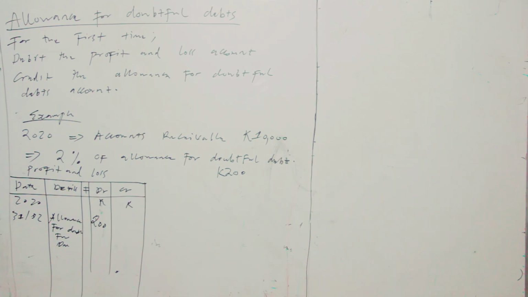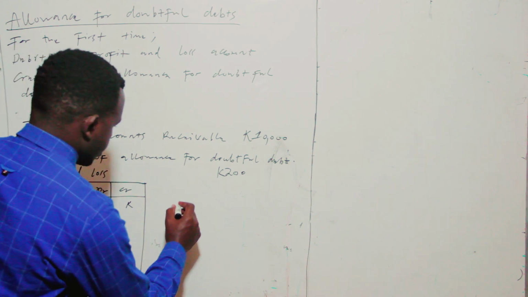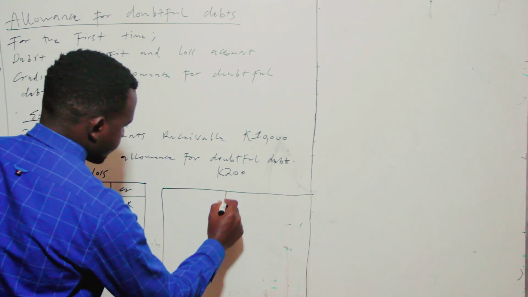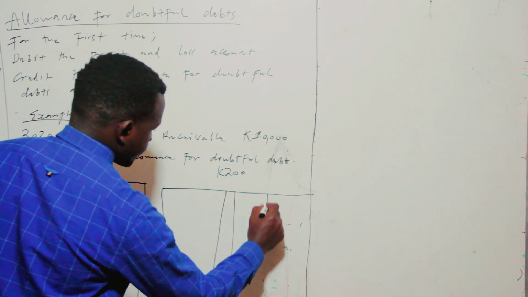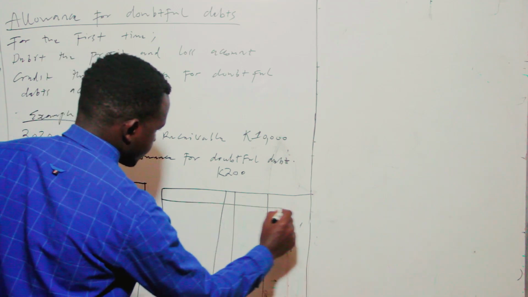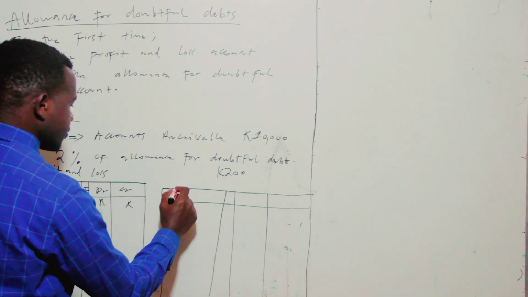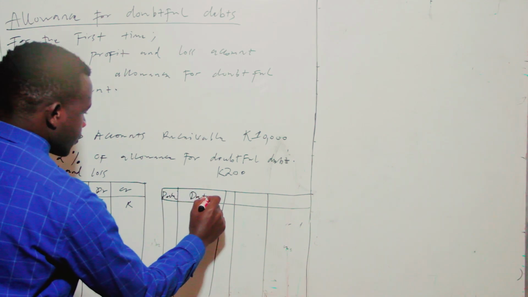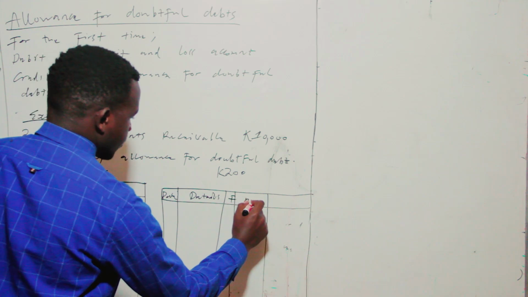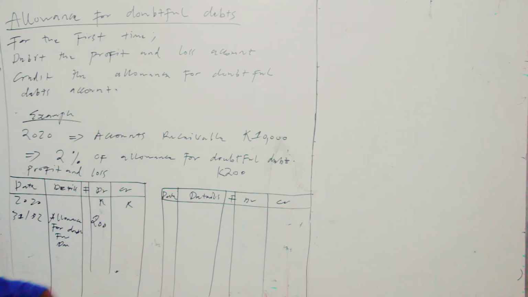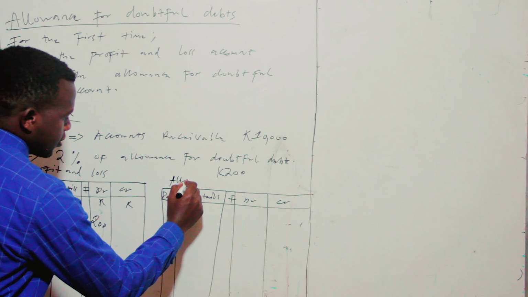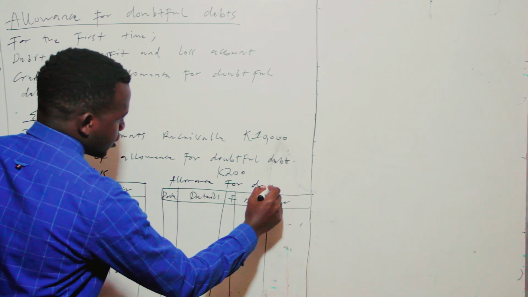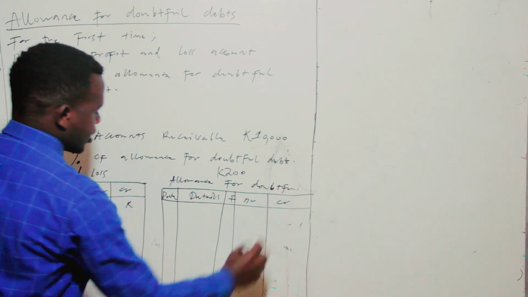Then we're supposed to credit the allowance for doubtful debts. So let us do that. So this is the allowance for doubtful debts account.